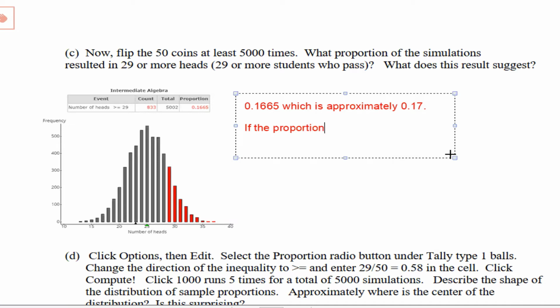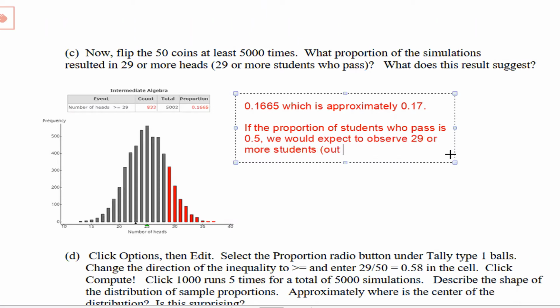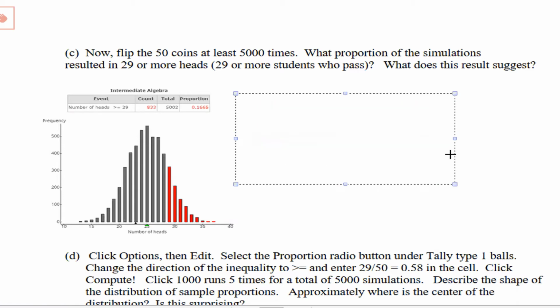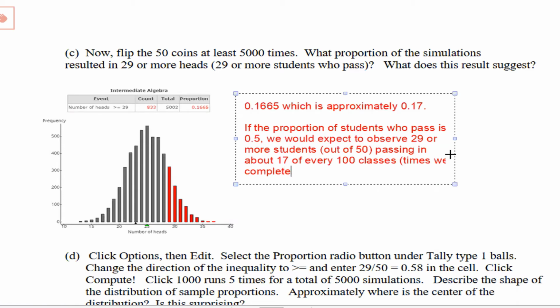If the proportion of students who pass is 0.5, in other words, if the statement in the null hypothesis is true, we would expect to observe 29 or more students out of 50 passing in about 17 of every 100 classes, in other words, times we completed this experiment.